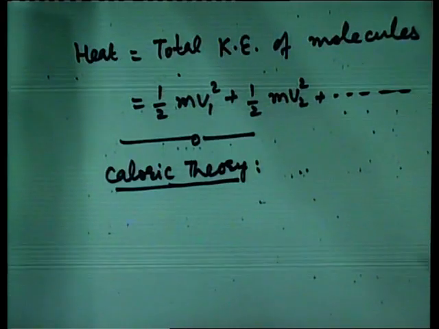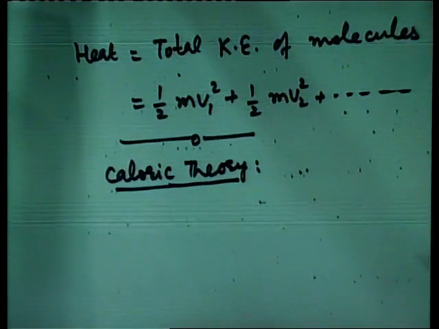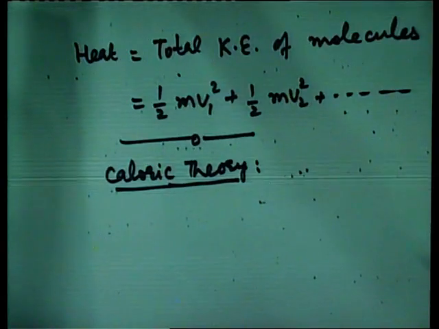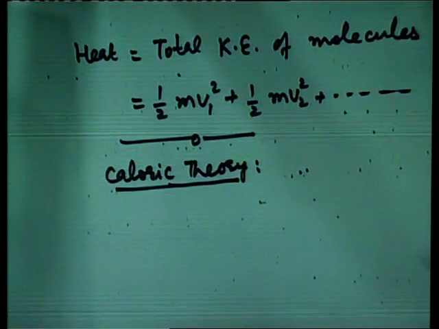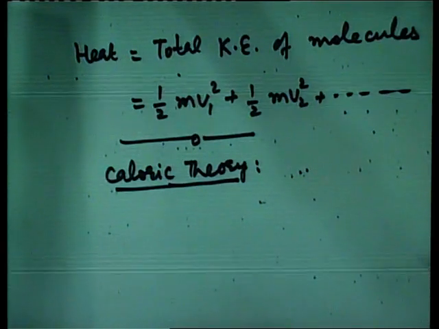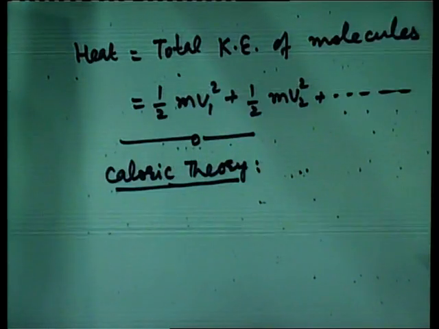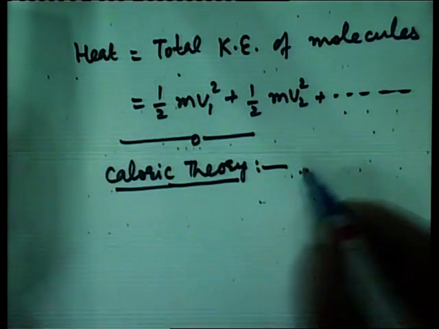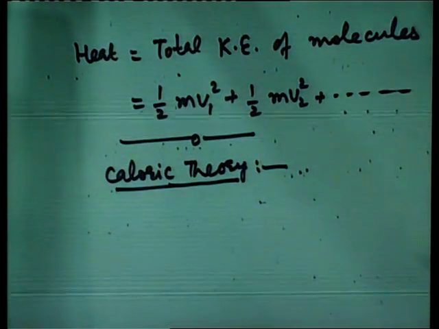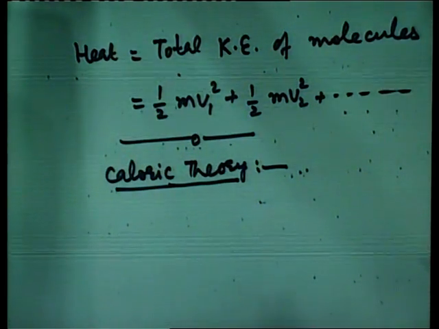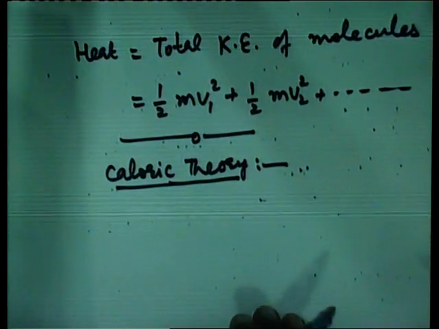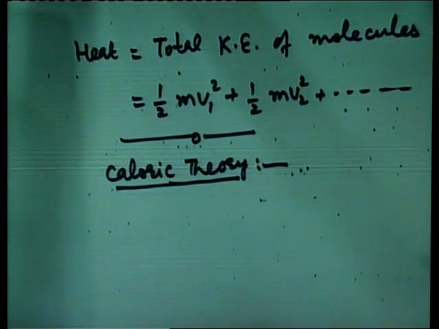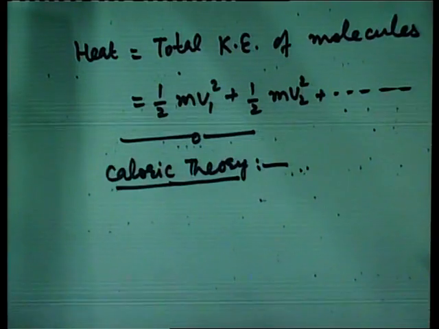So, heat was taken just like a fluid. Now this theory is not used; now we have this kinetic model. So, the total kinetic energy of molecules is equal to the heat. The more the kinetic energy of molecules, the more heat there is in the body.